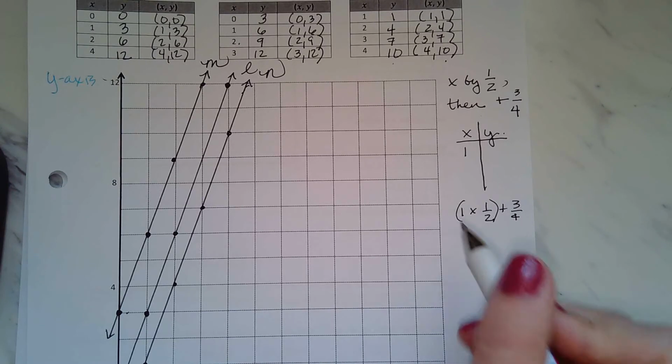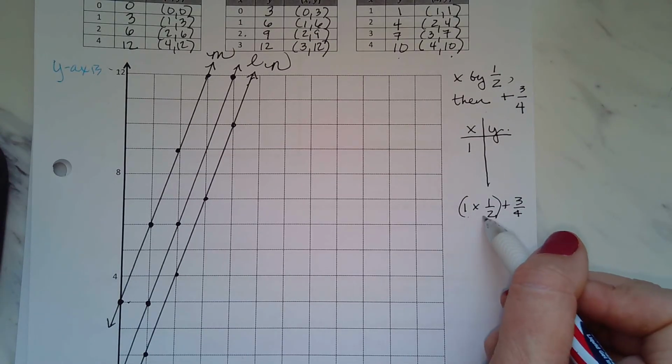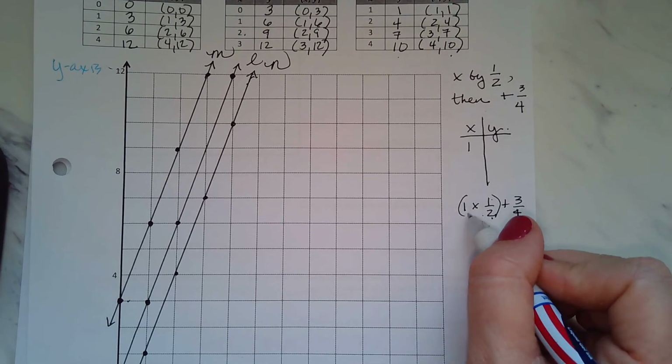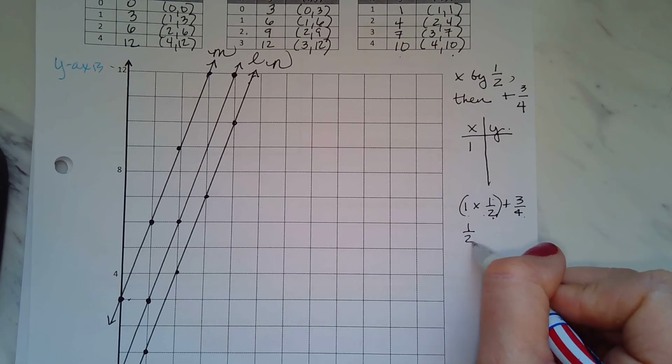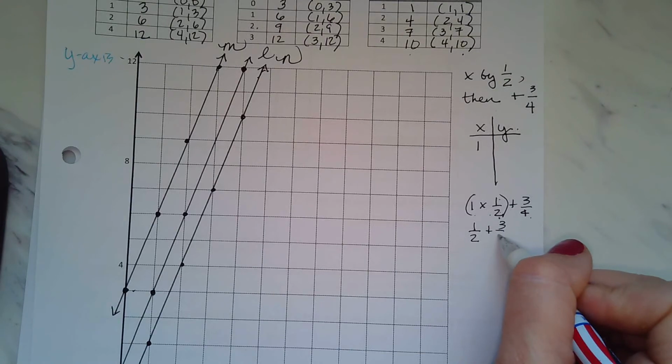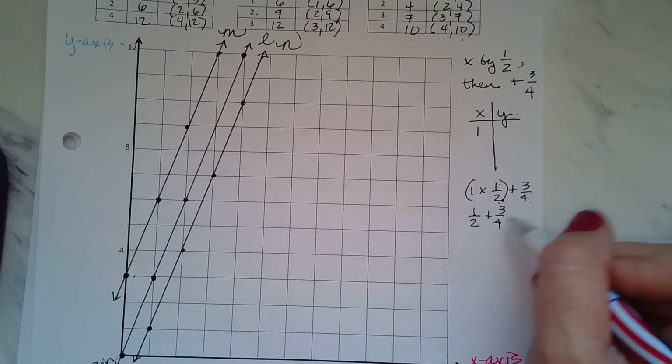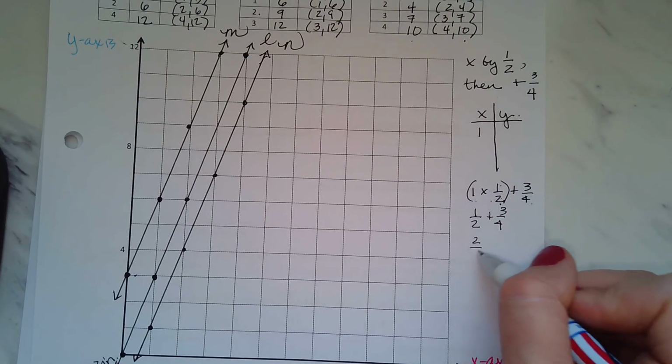All right, so you should have 1 times a half plus 3/4. So what's 1 times a half? It's 1/2 plus 3/4. And a half would really be 2/4, correct?